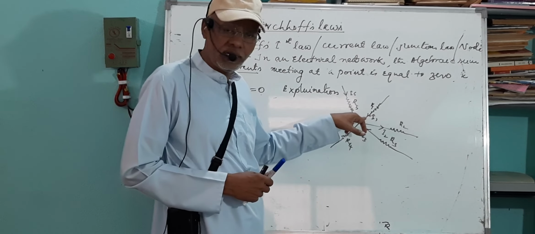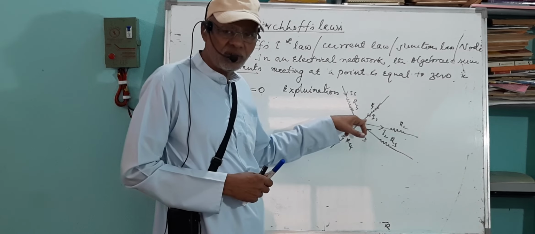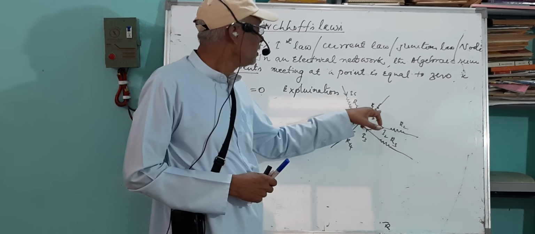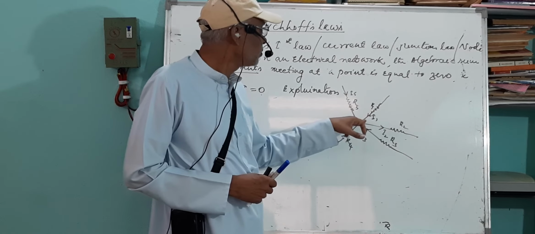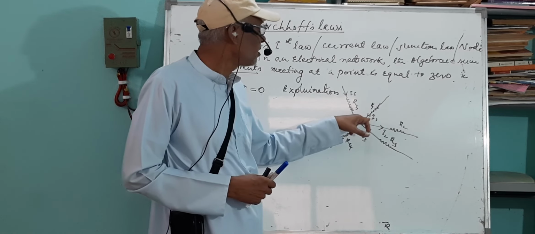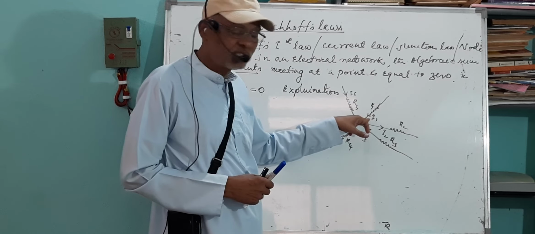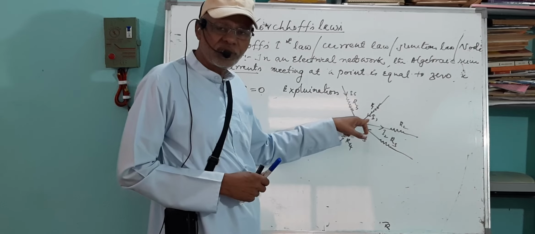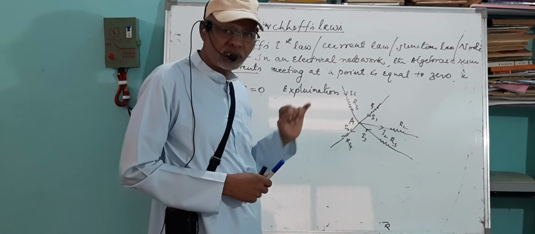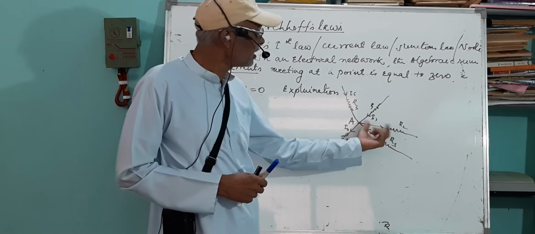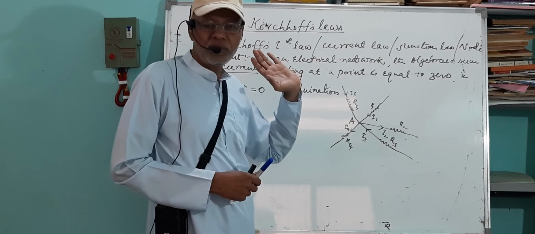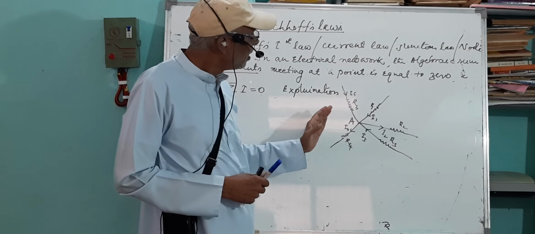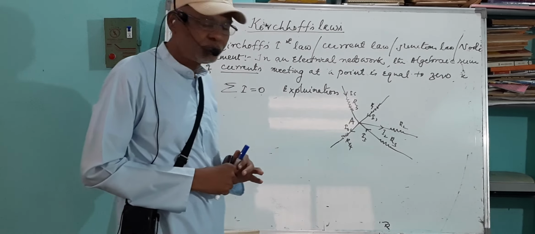The arrowhead indicates the direction of current. In the first conductor, current is coming toward the junction, whereas in the second conductor, current is leaving from the junction. Likewise, in the different branches, current is moving as shown in the figure.